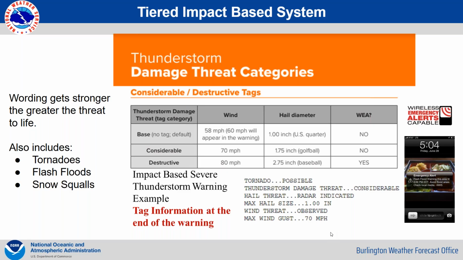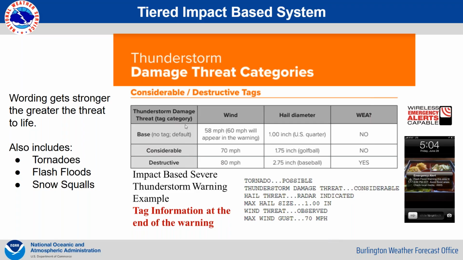Also, as a heads up, our warnings follow this tier impact-based system where there's a base level. These are still significant weather events that can affect life and property, but we have tiers for especially dangerous storms.